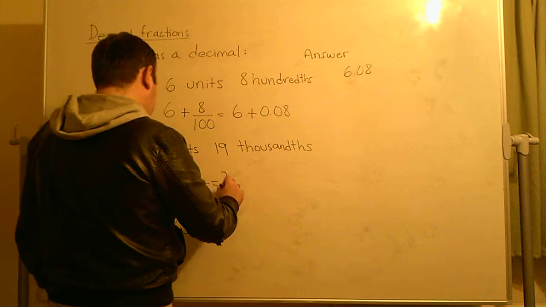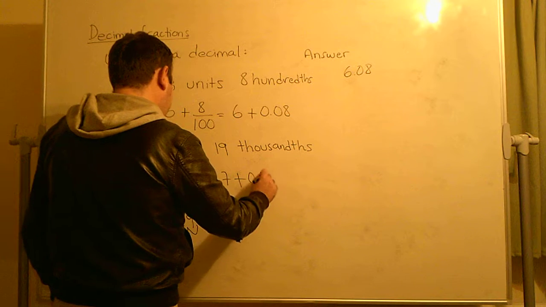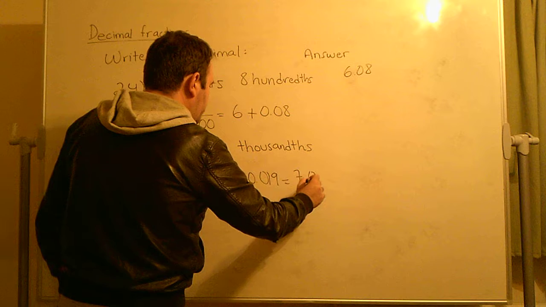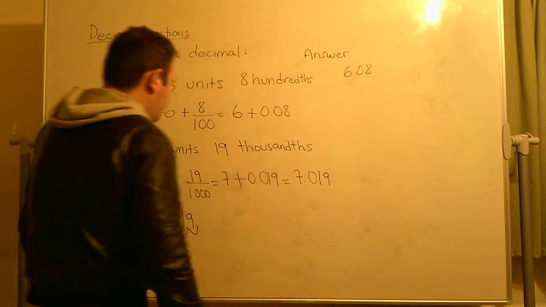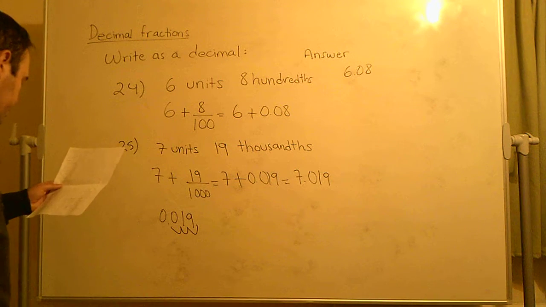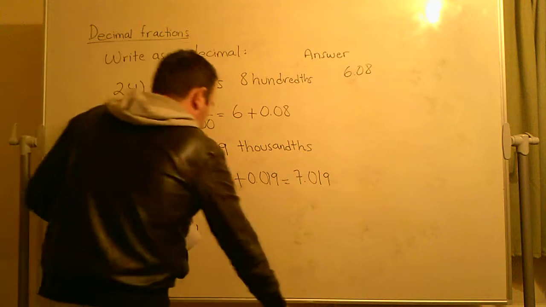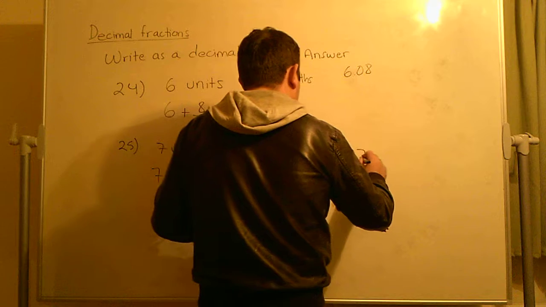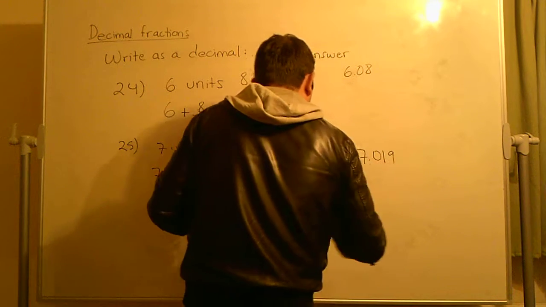So this will be 7 plus 0.019, and then this will be 7.019. So the answer would be here 7.019. Okay.